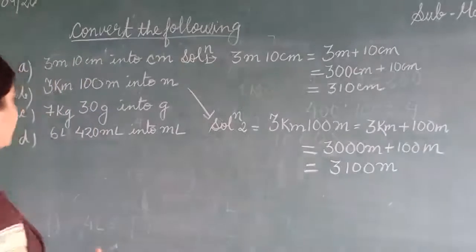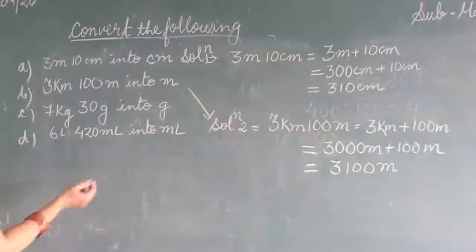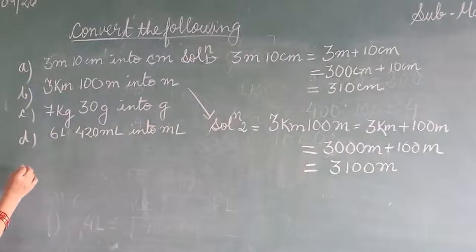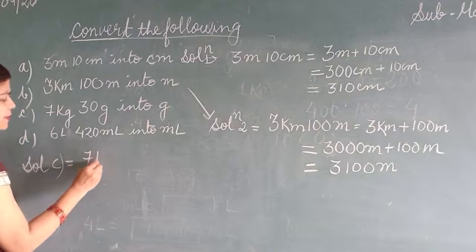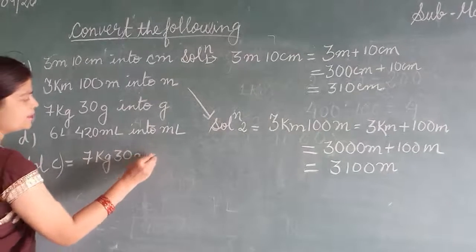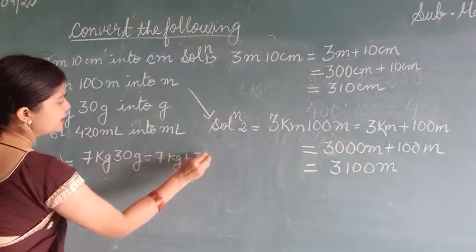I think you can do C and D by yourself. But look here, this is the solution for C. Again we will do the same: 7 kg 30 gram. We can write it separately as 7 kg plus 30 gram.